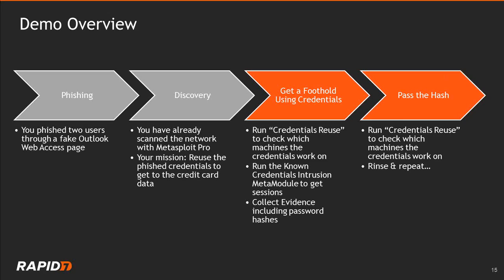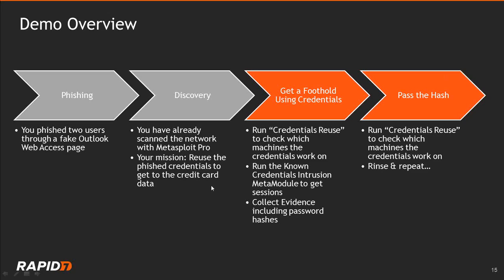You know that in Metasploit Pro you can simply clone other web pages, then host them in Metasploit and capture the credentials that people type in. So we've done that, and we've gained one credentials pair, which in this demo is simply administrator and not password as the password. And then we've already discovered the network that we're attacking, because that typically takes a little bit of time, and we wanted to cut down that time as part of the demo.